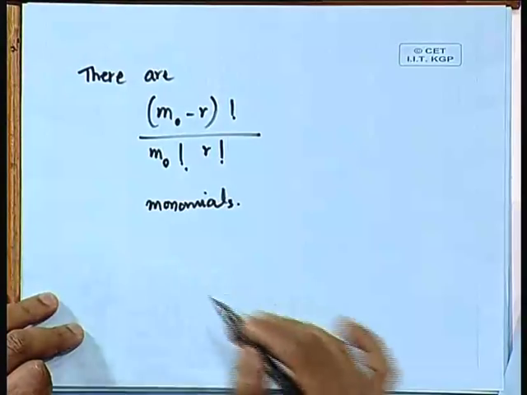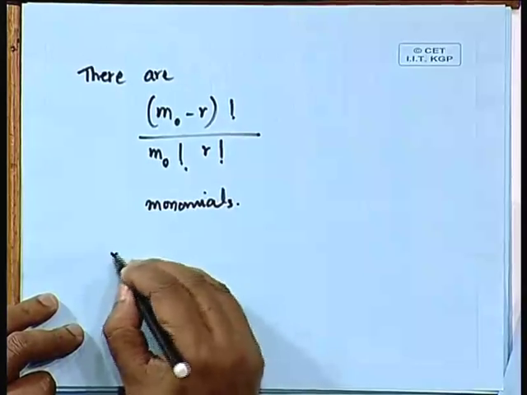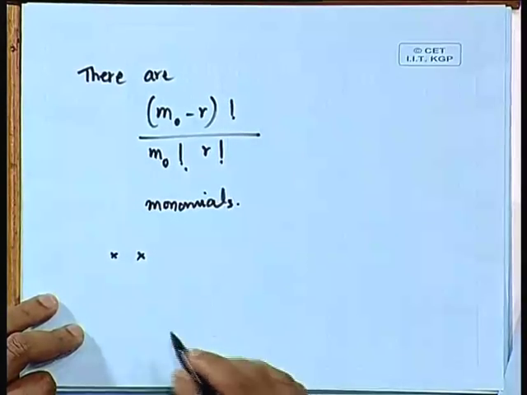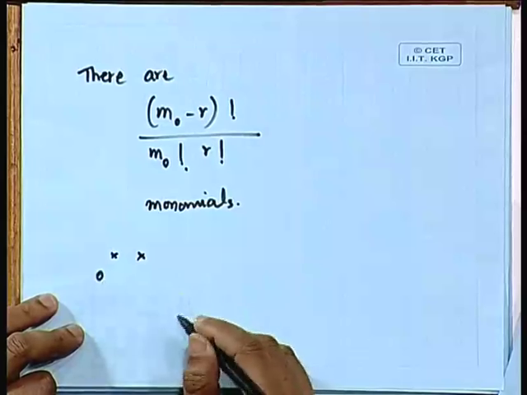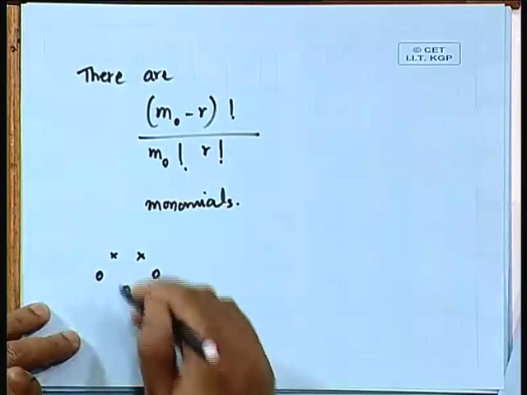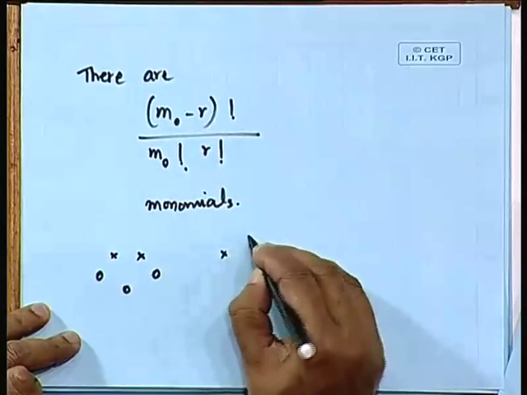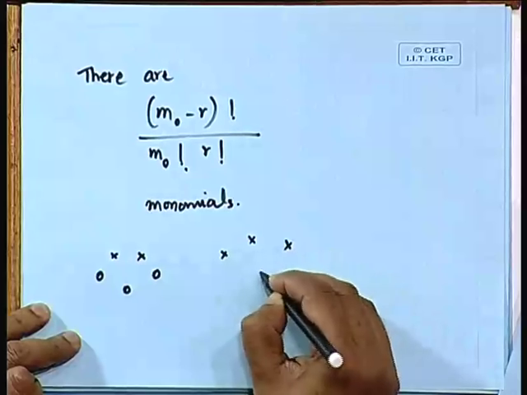So, let us say that you have chosen a dichotomy of H1 and H2, and let us say that we have got 5 such patterns. Let us take some examples like this.